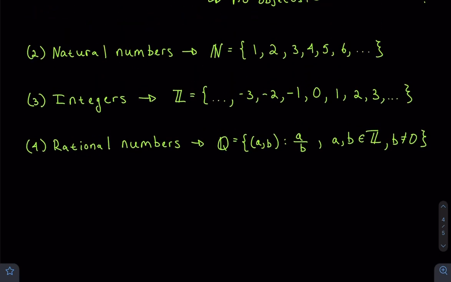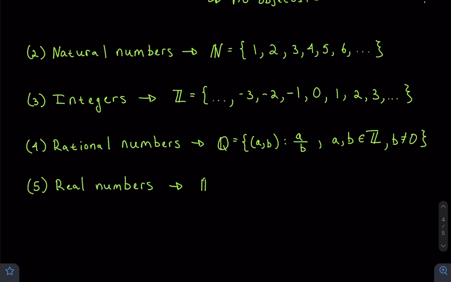And the final set we should talk about is the real number set. So real numbers. The real numbers include every number that is in the rational number set in addition to all the irrational numbers.